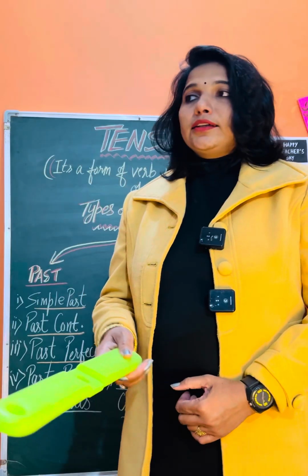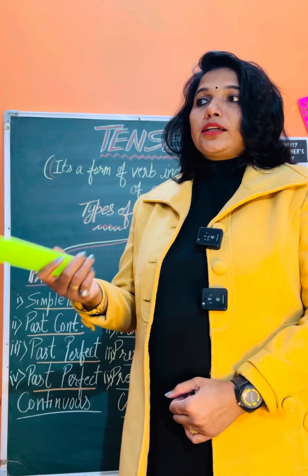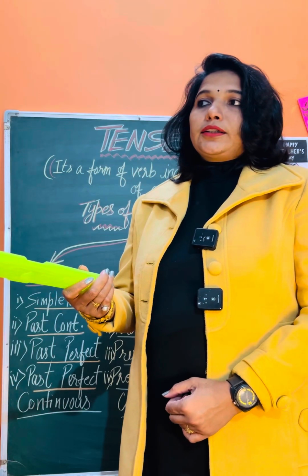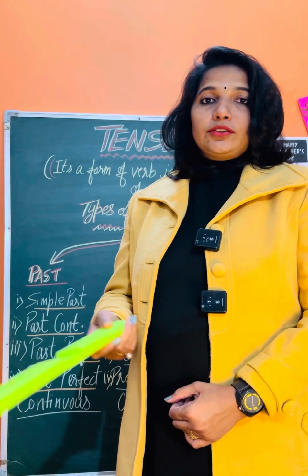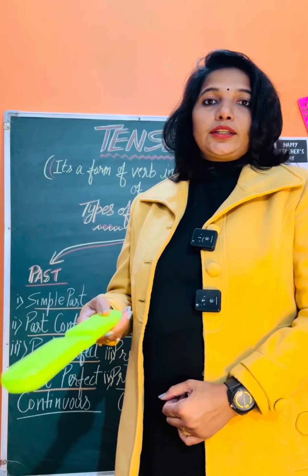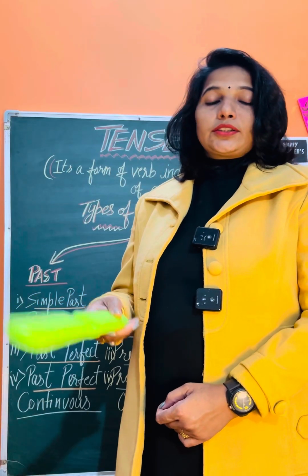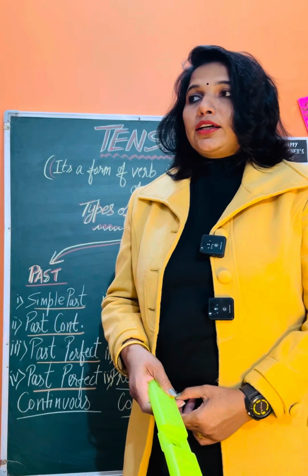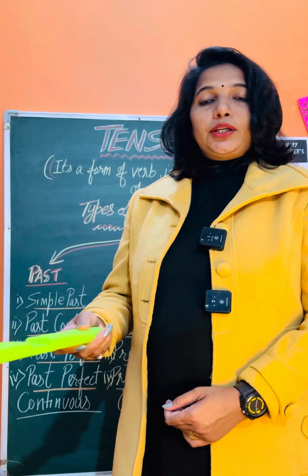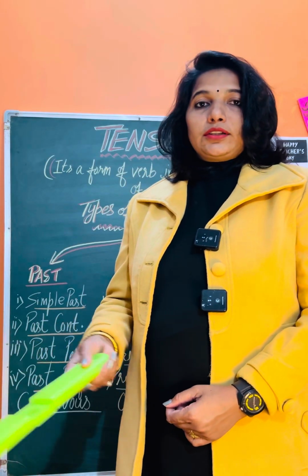Sima had been working for many years, right? For many years, since 2018. Okay, she had been dancing since 2018, and they had been teaching for 4 years, like that.